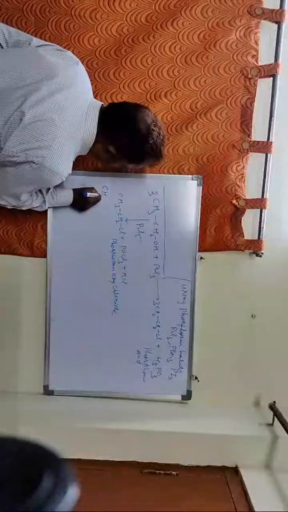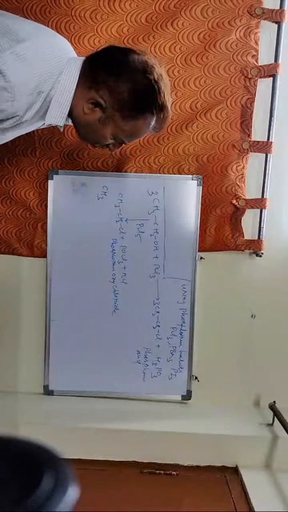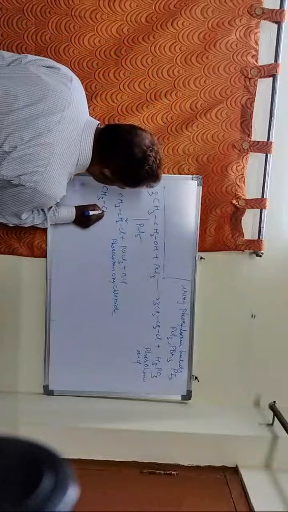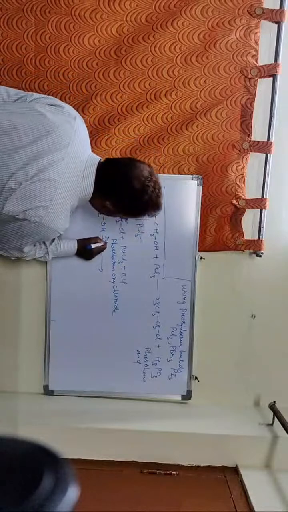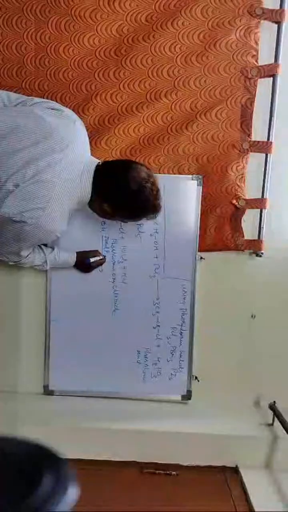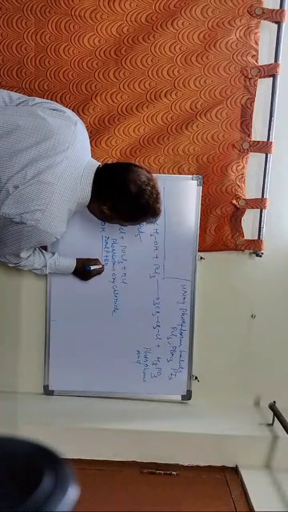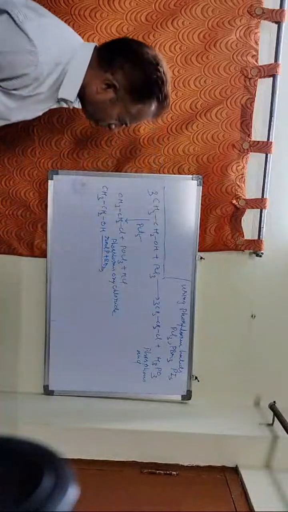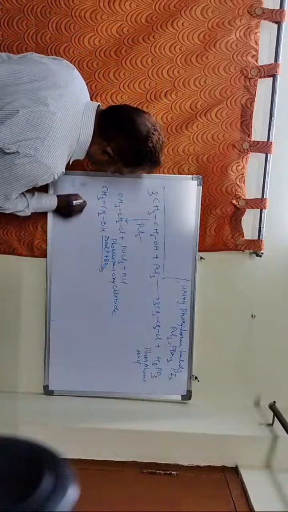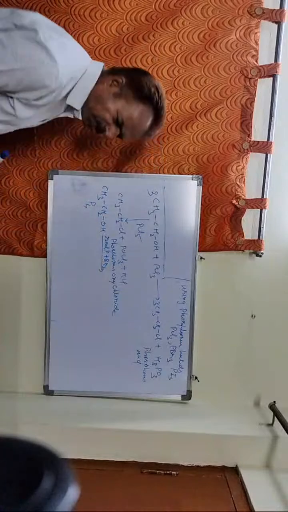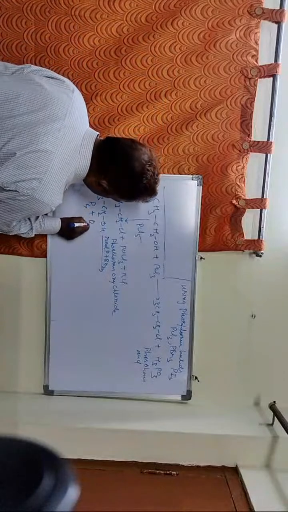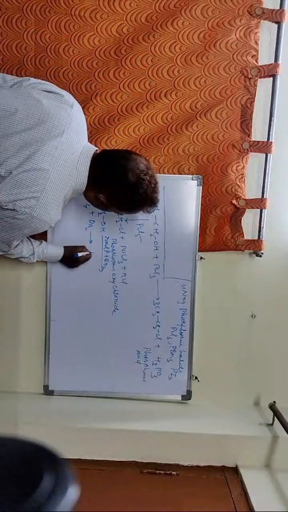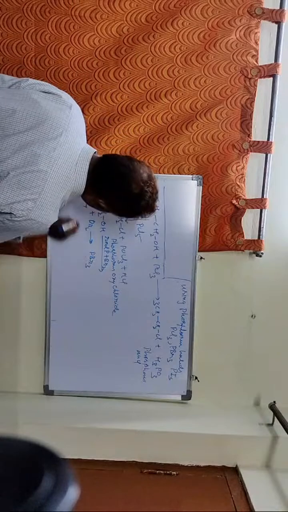Suppose, how do we get the reaction with phosphorus bromide and phosphorus iodide? CH3CH2OH in the presence of red phosphorus plus Br2. So this is red phosphorus. What is the atomicity of phosphorus? 4. Phosphorus has P4 molecules. P4 plus Br2, we get PBr3.